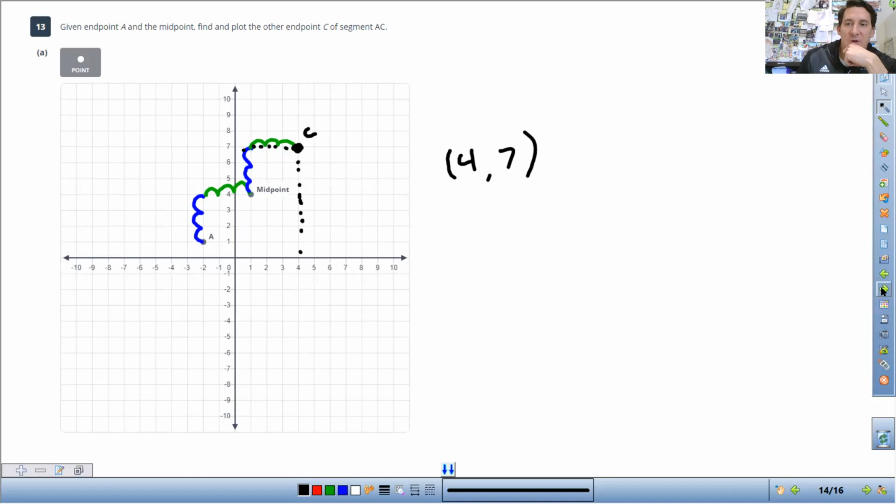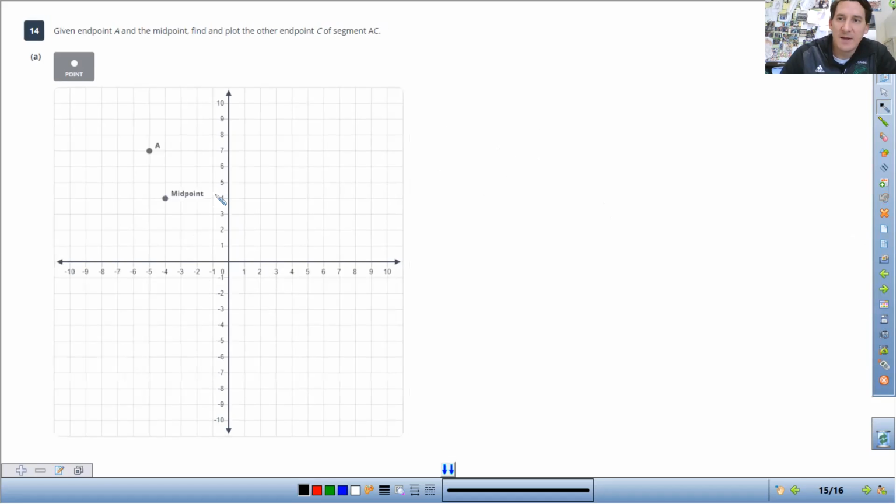All right, so let's look at another example here. Find the midpoint. So again, count how many steps it takes to get from A to the midpoint, and then take that same number of steps from the midpoint to find your new C. So from A, I'm going to go down 1, 2, 3, and then to the right 1.